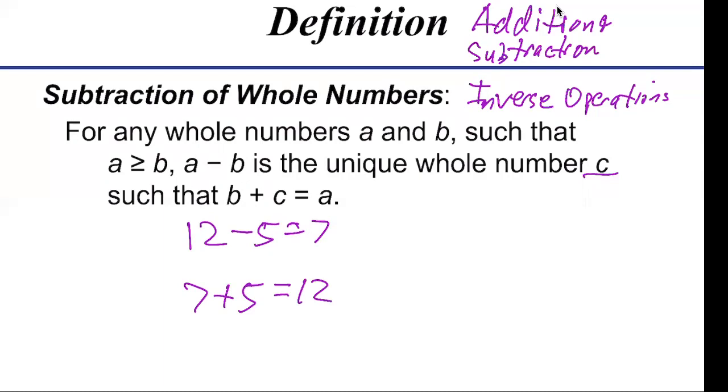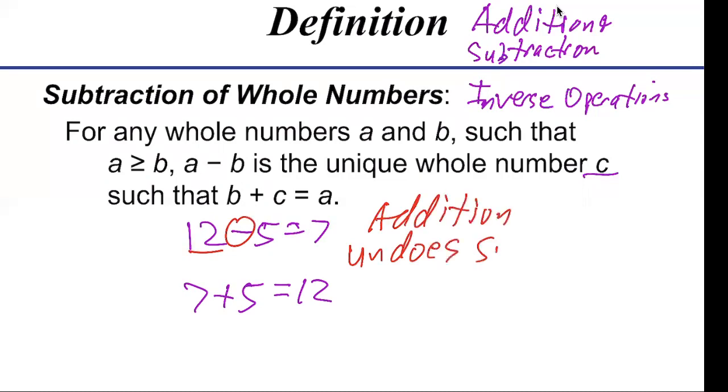Inverse operations, notice where I started. I started with 12 and I did subtraction. Then I did addition because addition undoes subtraction and vice versa. I started at 12, I did subtraction, I go back and do the addition, I get back to where I started, so they're inverse operations.